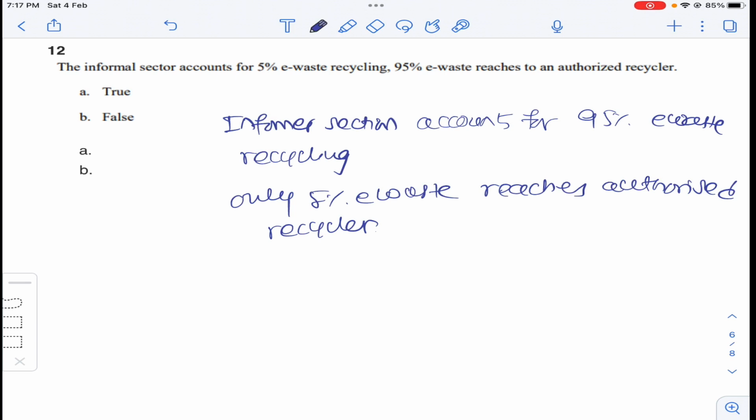Okay, so here they have given the numbers reversed. For that reason, this is a false statement.